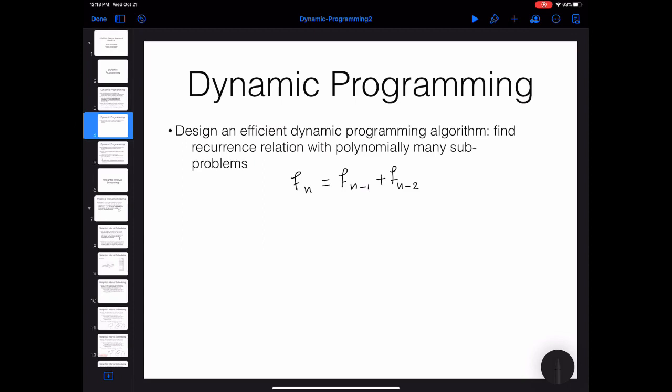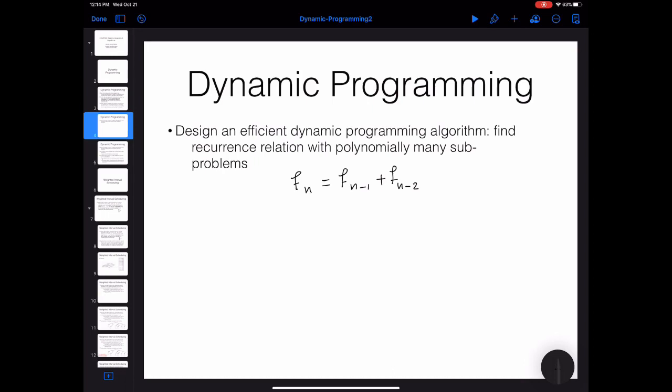So the idea of dynamic programming is that if you're solving a problem of size n and you can define only a polynomial number of subproblems, and the cost of calculating each one is polynomial, then in total the time complexity of your algorithm will be polynomial.